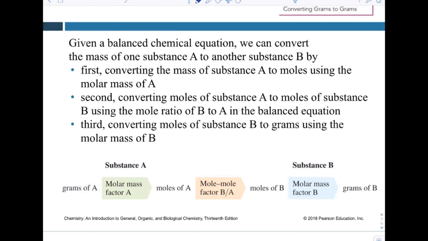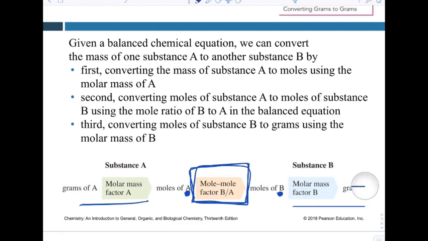But I do want you to know that if you're changing substances, you must use the mole-to-mole factor, the mole-to-mole ratio. So if you start with substance A and you want substance B, you have to go through the mole-to-mole ratio. No matter what your beginning and ending are, the middle is typically always going to be a mole-to-mole factor, which comes from the balanced chemical equation.